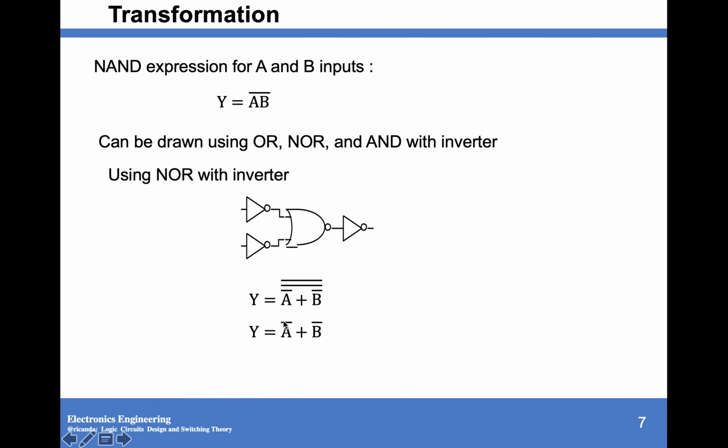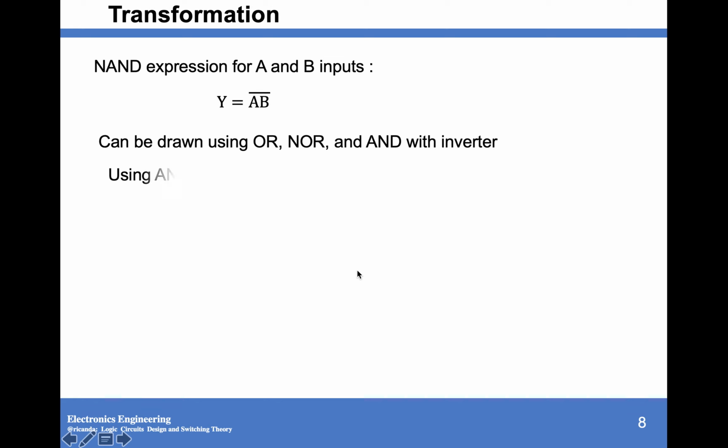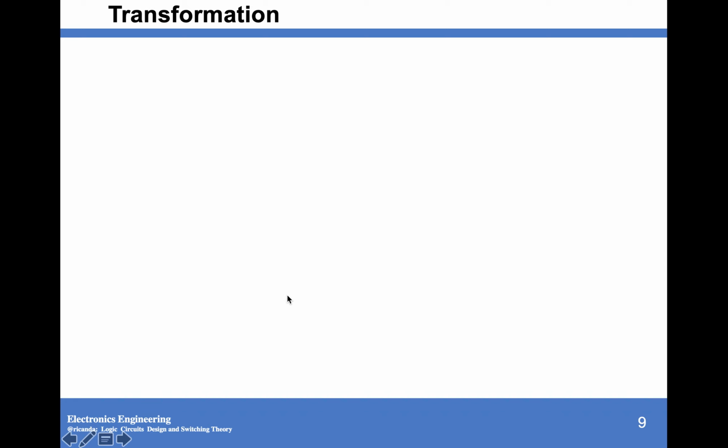Joining these two bars using De Morgan's theorem, it is now equivalent to your NAND expression. So a NAND expression, but the circuit that we use is a NOR and inverters. Then for an AND with inverter, just put an inverter after the output of your AND, and it will become a NAND.